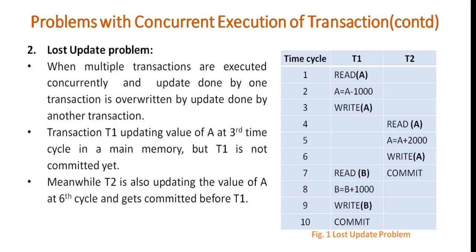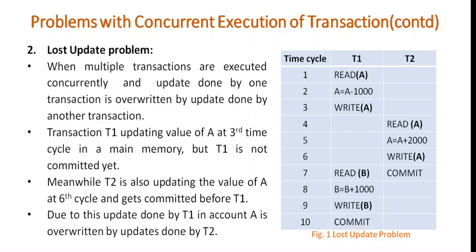This means that before the value updated by T1 is saved in the system, the system is saving the value updated by T2. This is called the lost update problem. Due to this commit of the T2 transaction, the value updated by the T1 transaction is overwritten by the value updated by the T2 transaction. This is called the lost update problem.